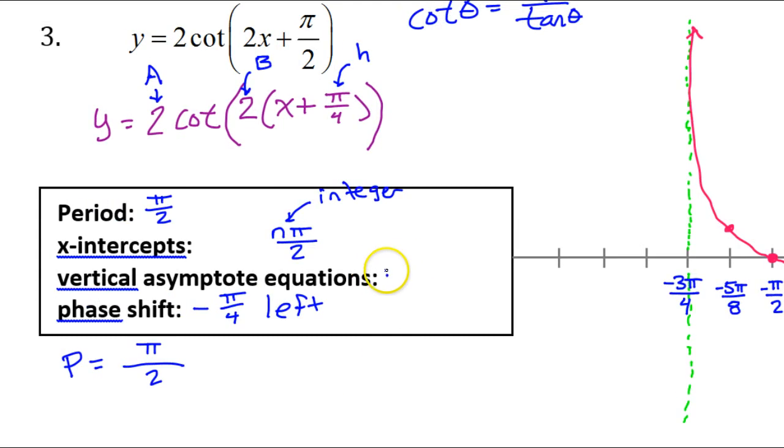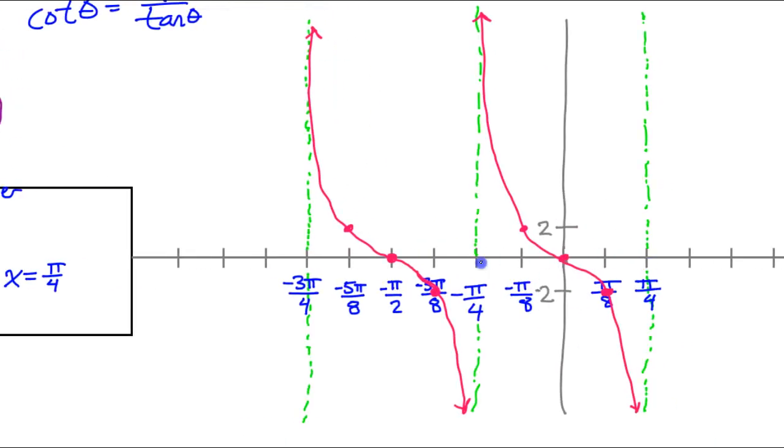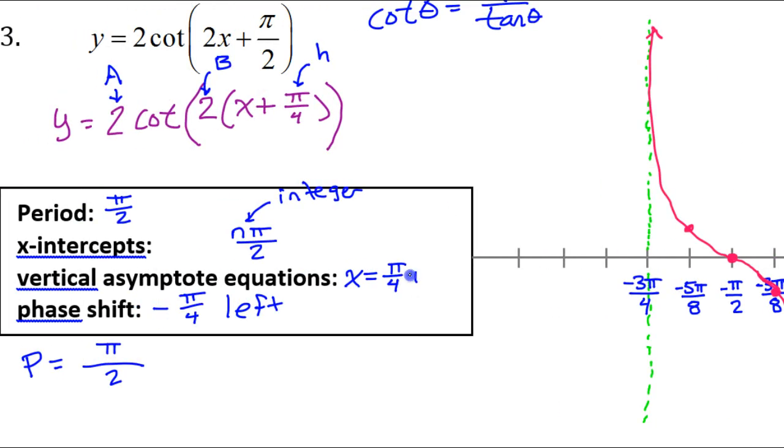So I'm going to start with the equation of any vertical asymptote: x equals pi over 4. And then again, this is something that only happens once every period, so I could just add multiples of a period. So again, plus n pi over 2. Alright, and n is still an integer.